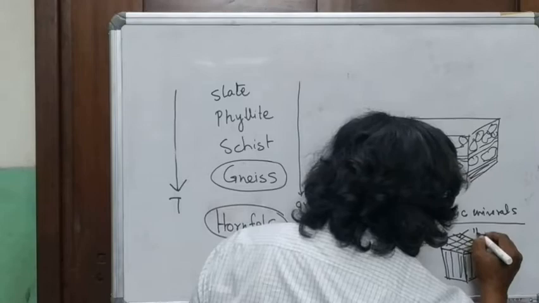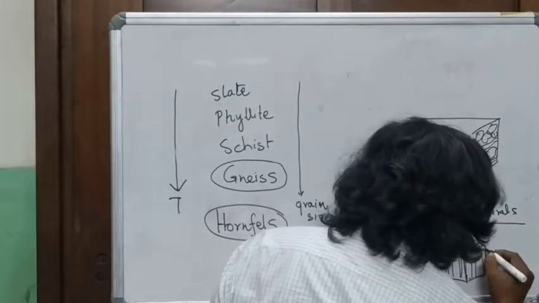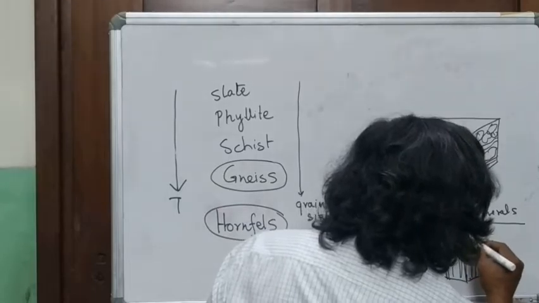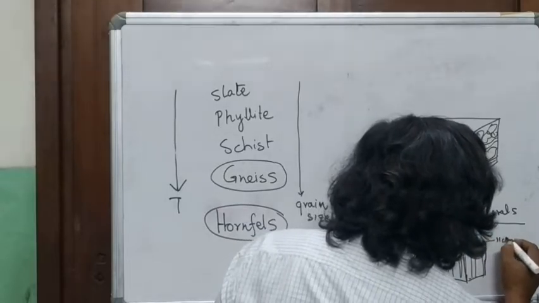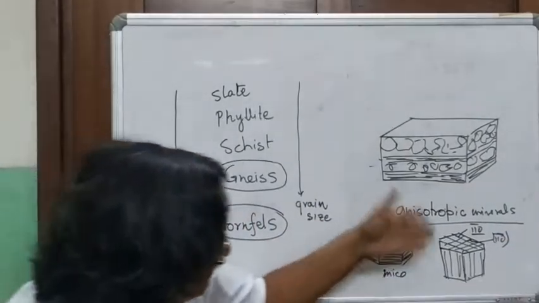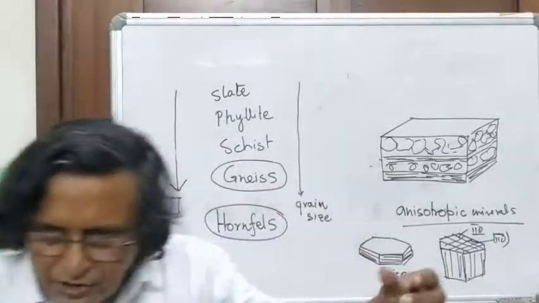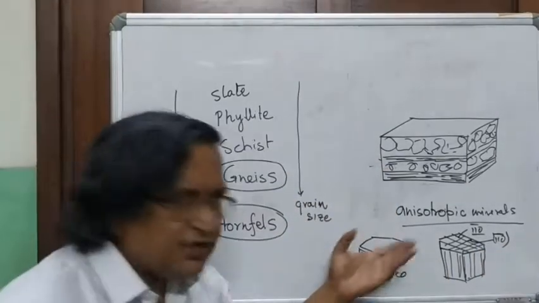These have the orientation of 1 bar 1 0 and 1 1 0. These are cleavage planes and these look like this. So they are longish in their size, and these are flattish in their size.